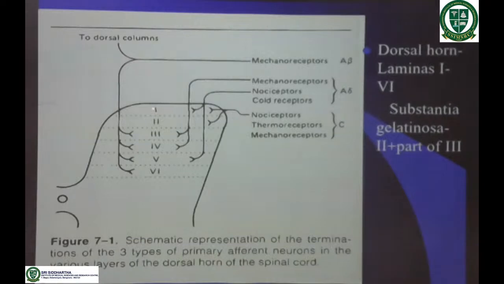So they relay from laminae 1 to 6. In that, the A delta fibers: mechanoreceptors for 3 and 4, nociceptors for 1 and 5, and cold receptors for 1 and 5. Then C fibers: nociceptors for 1 and 2, and thermo and mechanoreceptors also for 1 and 2.